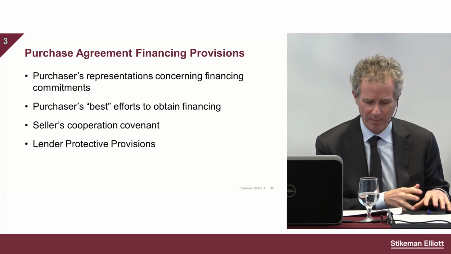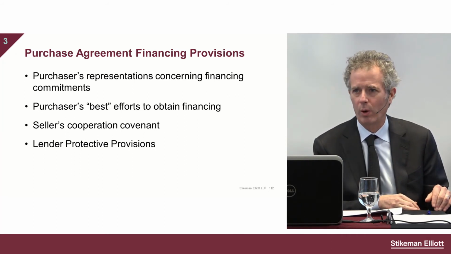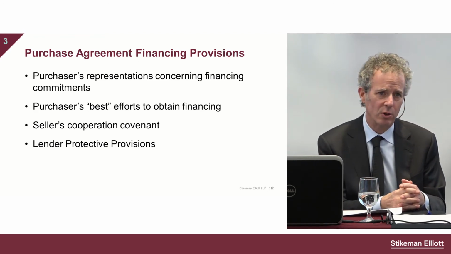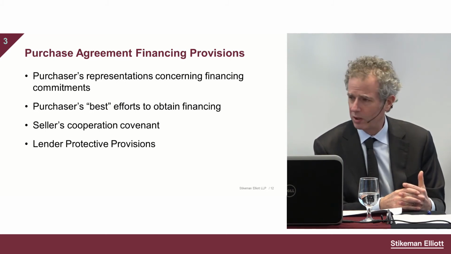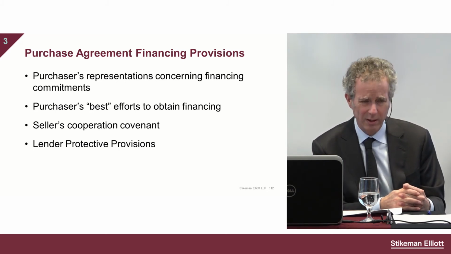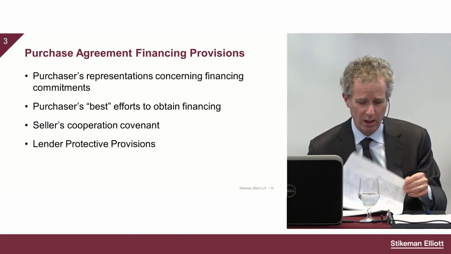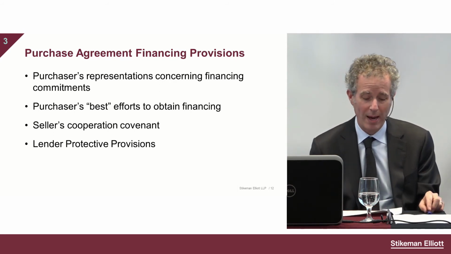This covenant is limited by there being no requirement for them to do anything which would cause any of the sellers or their management team to incur personal liability, or create any risk that the conditions precedent to closing of the SPA would not be met.